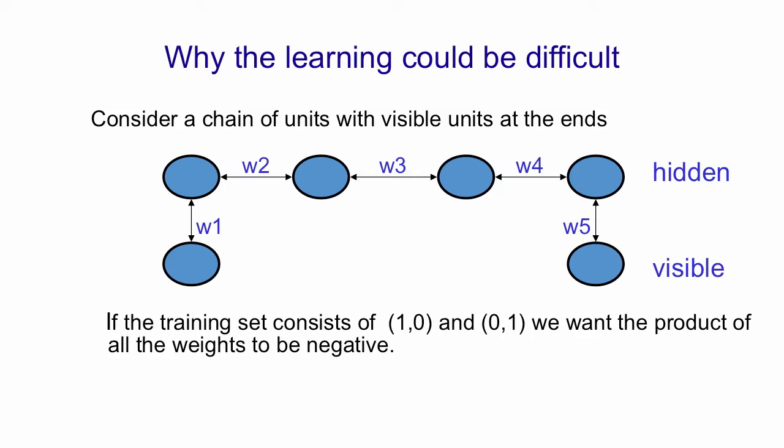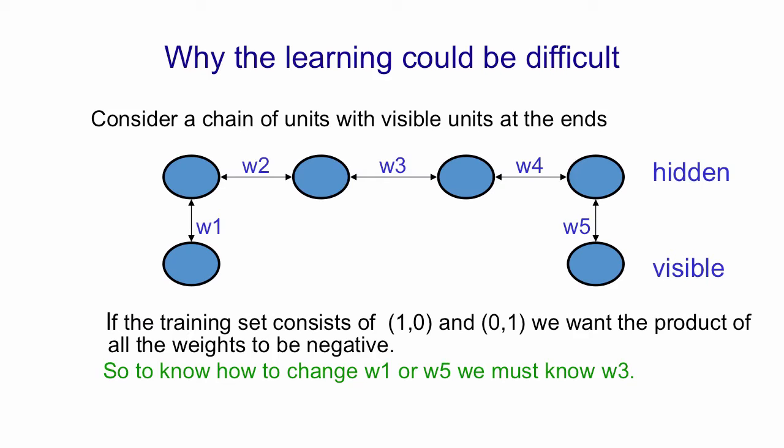What this means is that if we're thinking about learning weight W1, we need to know other weights. So there's W1. To know how to change that weight, we need to have information about W3. Because if W3 is negative, what we want to do with W1 is the opposite of what we want to do with W1 if W3 is positive.